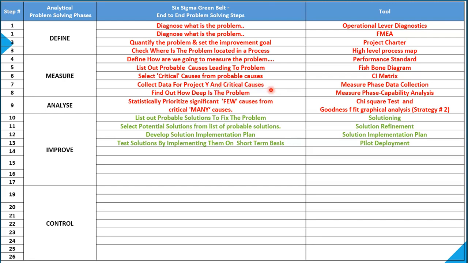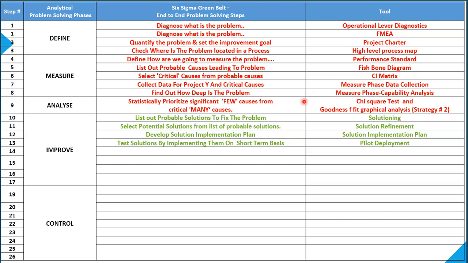So this is the second part of the equation, Y is equal to f(X). So we talked about measuring the criticality of the causes. We also need to talk about the first part of the equation, that is Y, the problem. So we need to measure the criticality of the problem, and that's what we do in a capability analysis.